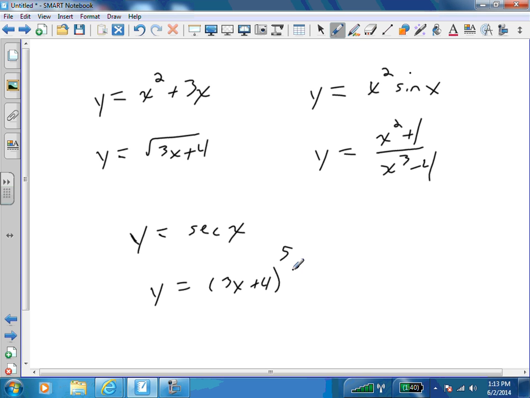How do you take the derivative of products, quotients, things to a power? Then skip on down to like 13, and you have derivatives of the trig functions: sine, cosine, tangent, secant, cosecant, cotangent. So any combinations of those we've been able to do up until this point.